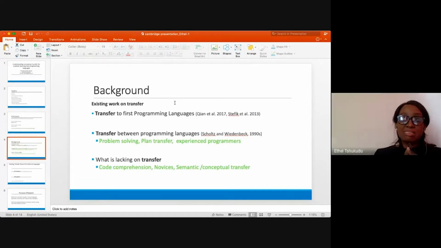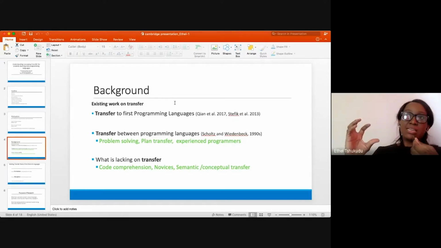Rina was presenting earlier on about computational thinking, which she links to problem solving. In teaching programming, we have the problem solving part of it.